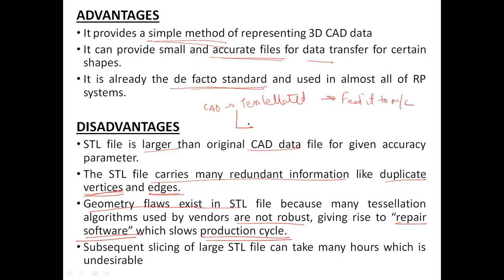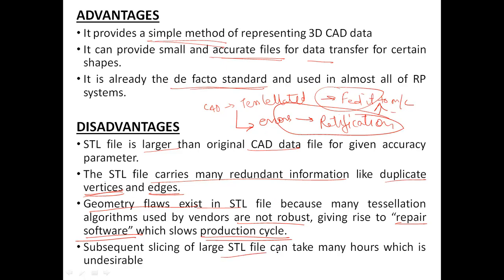But what happened due to tessellation is errors, and errors mean rectification. So then it can be fed. So rather than having one single step, now you had two more steps in between, which leads to an increase in the production time. Hence, the STL file definitely brings in some geometrical errors, and some of those geometrical errors I'll discuss today also.